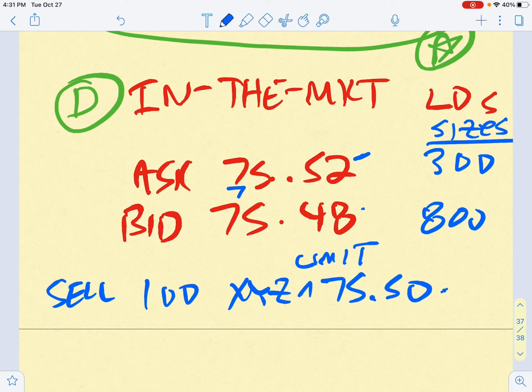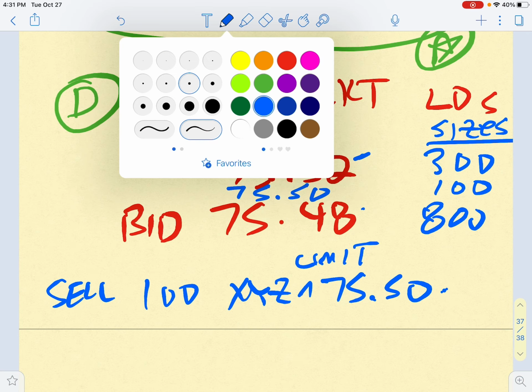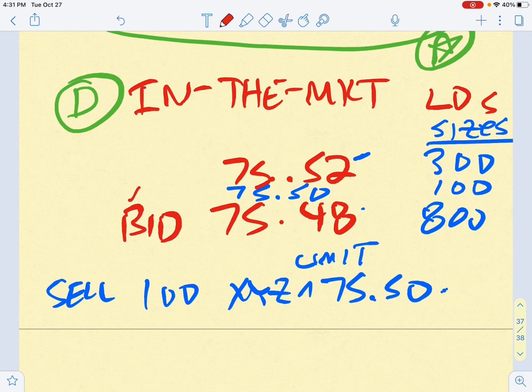So I'll put in here 75.50, and I'll put the 100 in the size over here, and then what next has to happen? Well, the word ask has to get erased from here, and the word ask has to get written in here. So now, as a result of the arrival of this in-the-market limit order, the ask price becomes 75.50, and we have a new ask price.